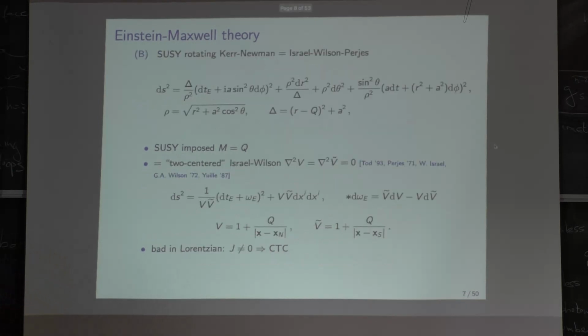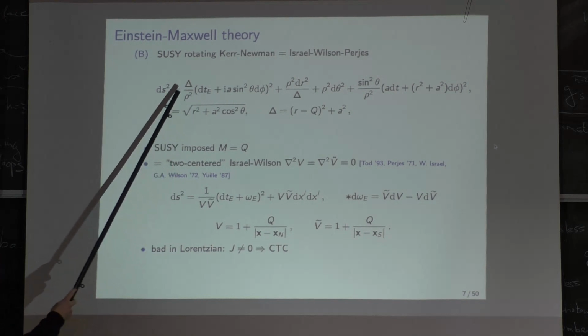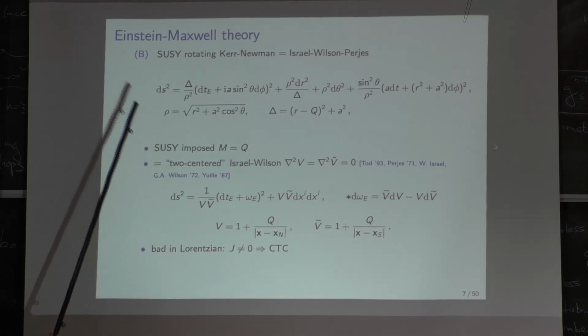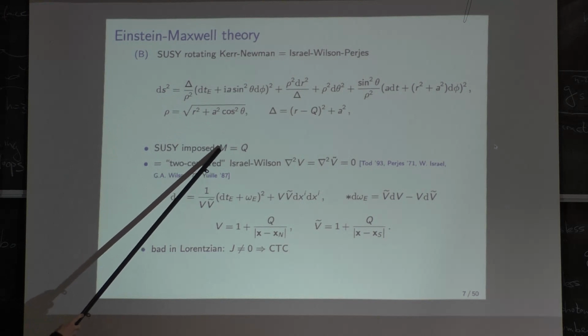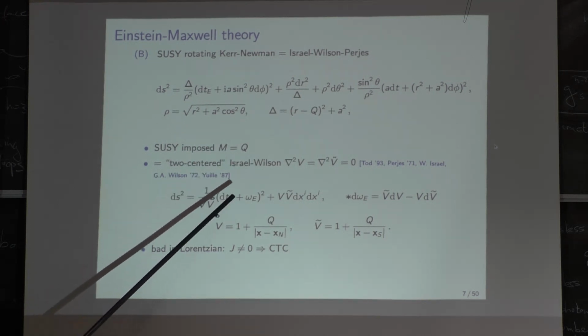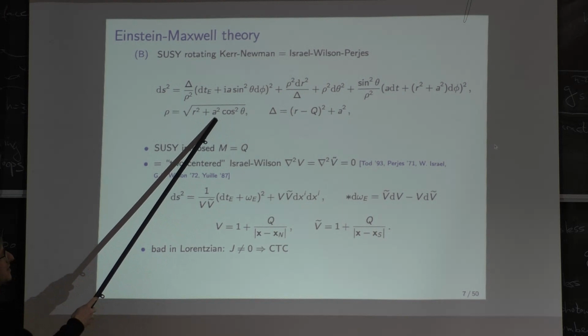There exists, however, a more general family of supersymmetric solutions in Einstein-Maxwell theory, and these are given by supersymmetric rotating Kerr-Newman black holes. So these are described in terms of the usual Kerr-Newman metric, where supersymmetry imposes that mass is equal to the charge. However, we keep the rotation parameter little a non-zero.